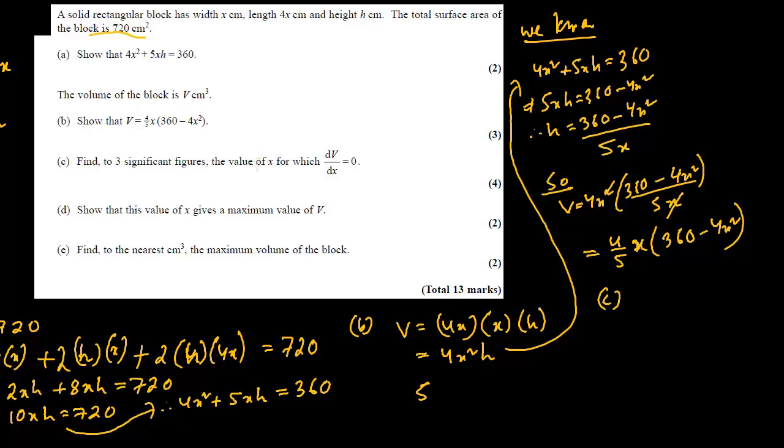Question number C, we have to find the value of x for which dv by dx equals to 0. This is the rule. At the turning point, the derivative is 0. So let's write down v in simpler terms.